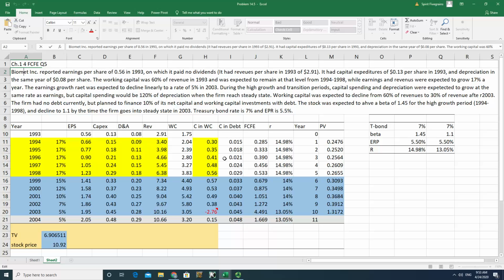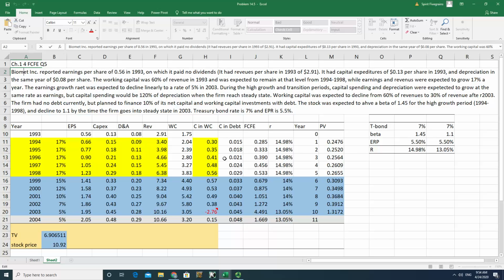B and C would be easy because we simply change the assumptions in our Excel spreadsheet to get the answers. So let's take a look at question A, estimate the value per share using the free cash flow to equity model. When you read this question, it looks pretty complicated because you have 3 stages.